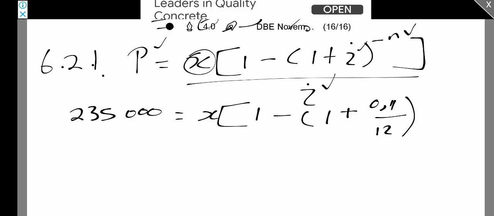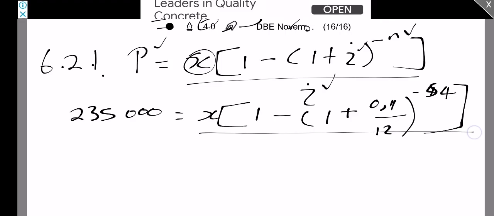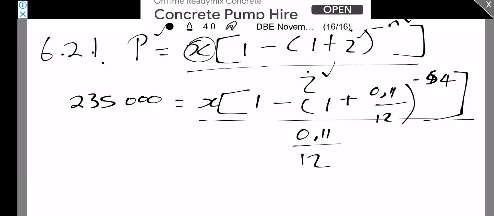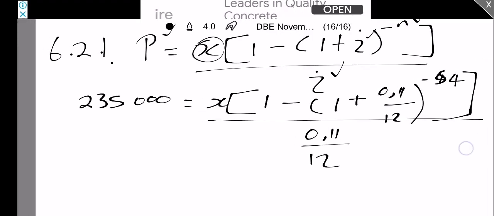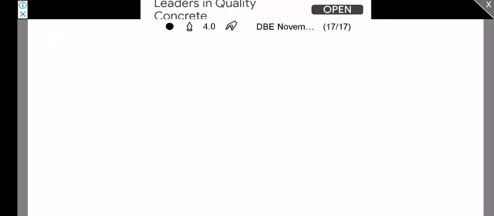Very important. Paid in 54 monthly installments, all divided by the interest rate over 12. Okay, let's remember everything here because we're going to need it on the next page.